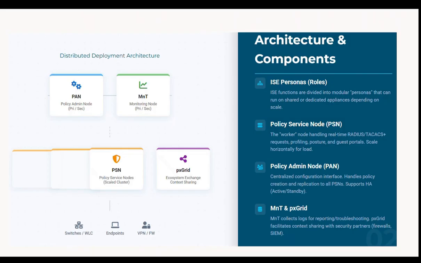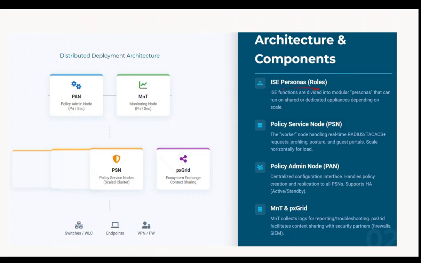There are things like personas that we talk about in the architecture, distinguishing standalone and distributed deployments, and strategically placing and scaling the distributed ISE nodes for high availability and low latency. The success of the entire zero trust initiative hinges on the strength and foresight of your foundational design.